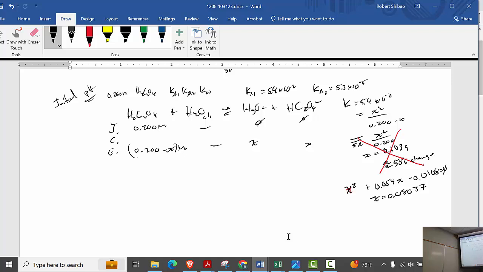We're only allowed 2 sig figs, but I'm going to carry 2 extra digits to check my K value as a check for my calculation.